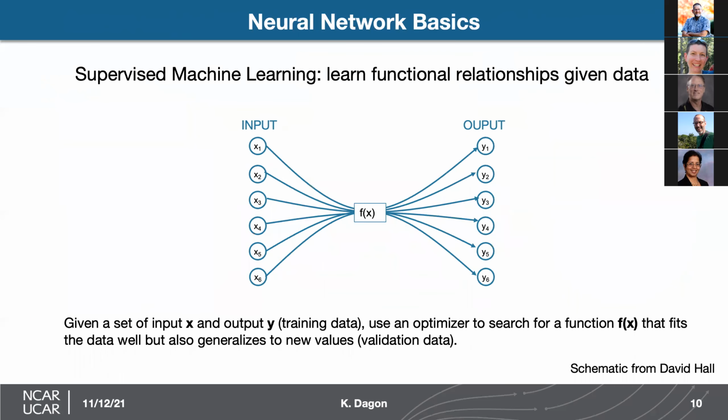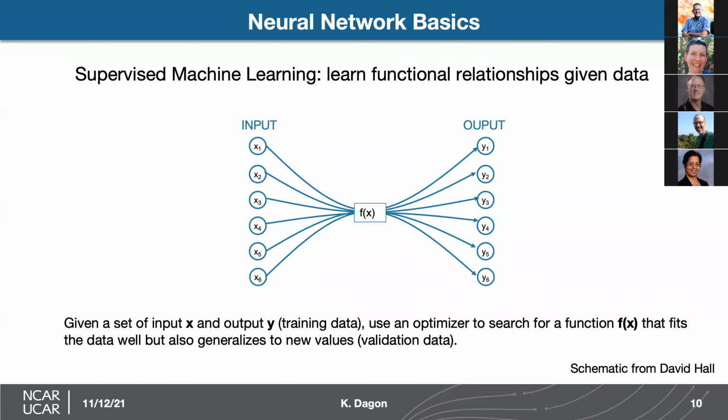And if you're not familiar with neural networks, I just want to use this one slide to introduce the concept. We're thinking about supervised machine learning in this application, meaning that we have a set of input data, which is the parameters, and we have a set of output data, which is our training data from some simulations that I'll talk about. Essentially, we're just learning a functional relationship between the input and output data. And it's at its core just regression.